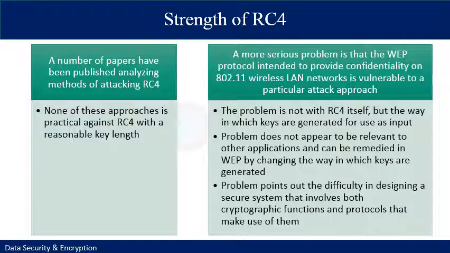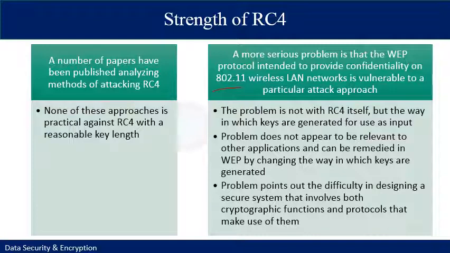A more serious problem is that the WEP protocol, intended to provide confidentiality on wireless networks which are currently used for LANs, is vulnerable to a particular attack. The problem is not with RC4 itself, but with the way in which keys are generated for use as input. The problem does not appear to be relevant to other applications and can be remedied in WEP by changing the way in which the keys are generated.